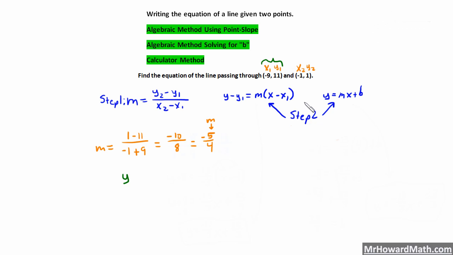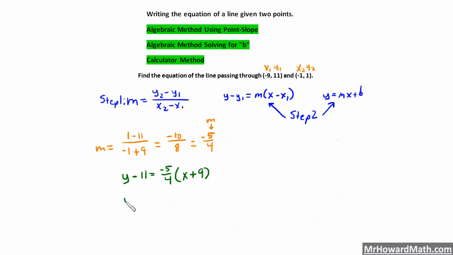I'm choosing to use that ordered pair to fill in. So it's y minus, our y1 is 11, y minus 11 equals our m, negative 5/4, times x minus our x1, which is negative 9. So minus negative 9 becomes plus 9.